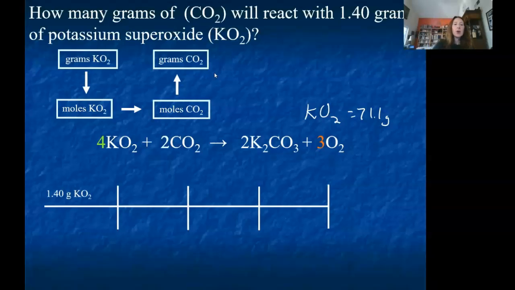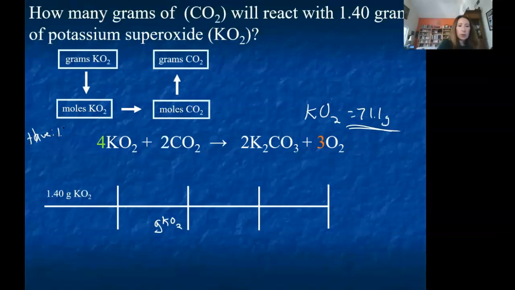Okay, so when we start this one, I gave you this molar mass. Right now, let's say you're like, I don't know where to go from here. You know what we do know? Grams of KO2 has to go on the bottom. And when we look at this, what do we have?